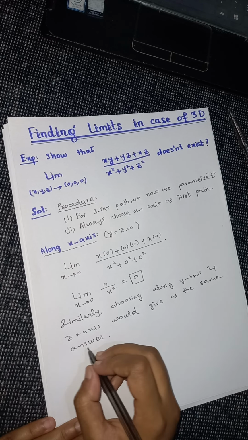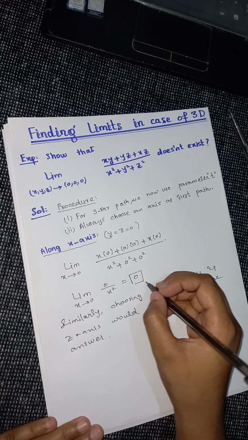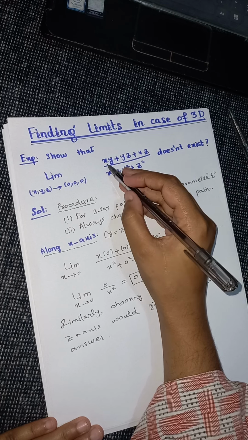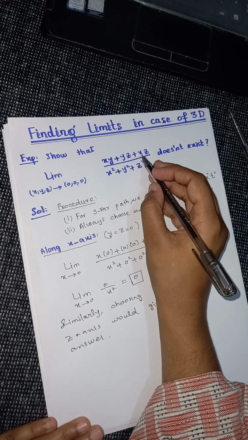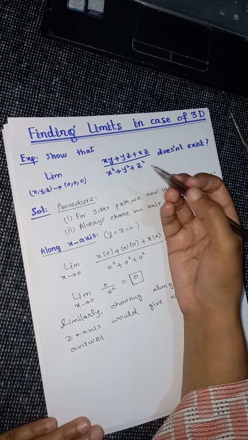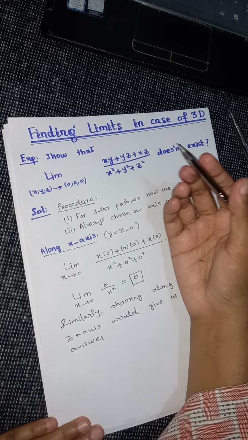It means if I choose along the y-axis and along the z-axis, then I will definitely get 0 here, because if we substitute the other two variables equal to 0, then again our numerator is equal to 0. Definitely the denominator is not equal to 0, otherwise we couldn't solve it.